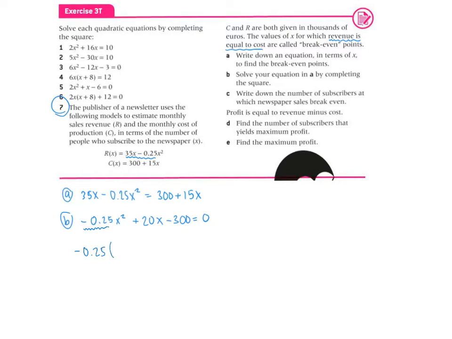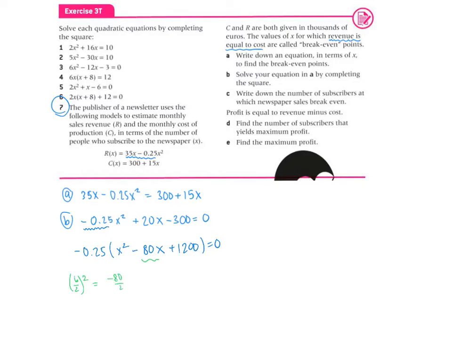So when I divide that out, I'll have x squared, 20 divided by 0.25 will be negative 80x, and negative 300 divided by negative 0.25 is 1,200.